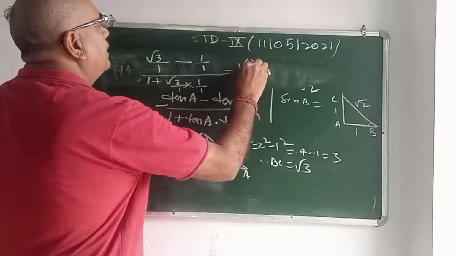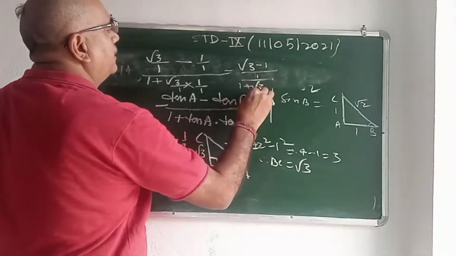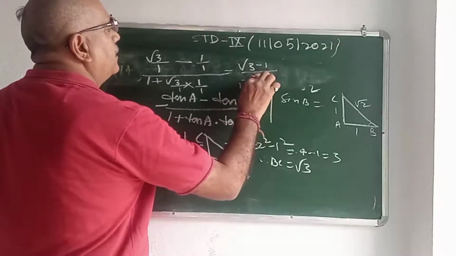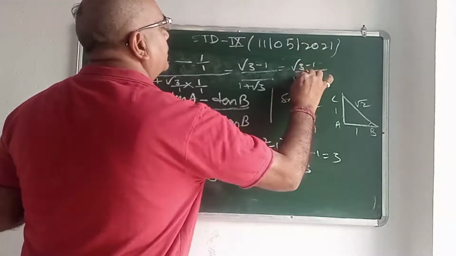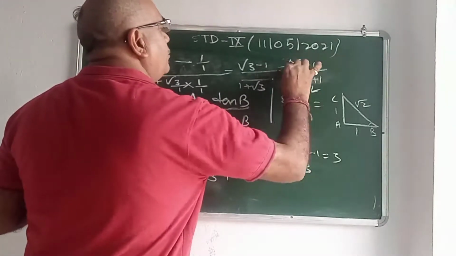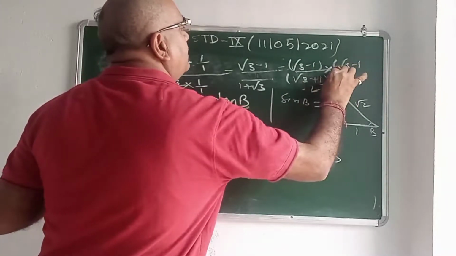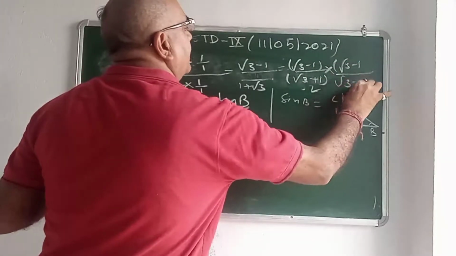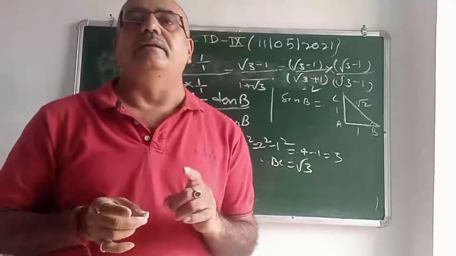So root 3 minus 1 by root 3 plus 1. Now you have to rationalize by multiplying with root 3 minus 1 by root 3 minus 1. After rationalizing, that will be the final answer.